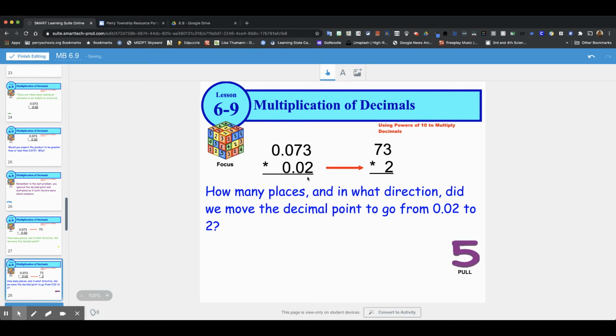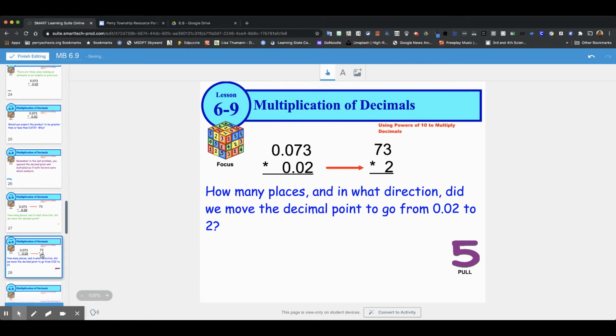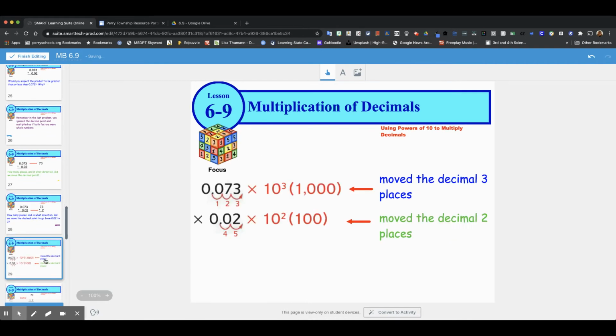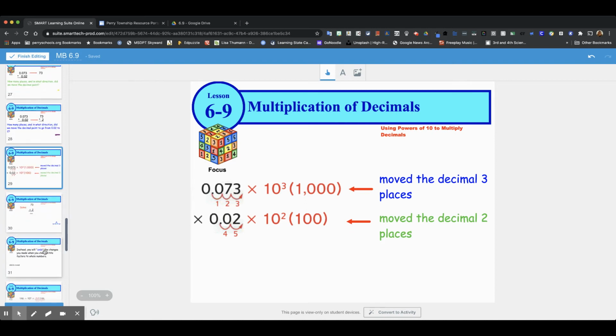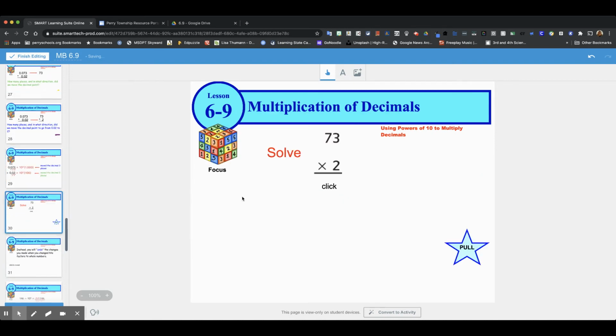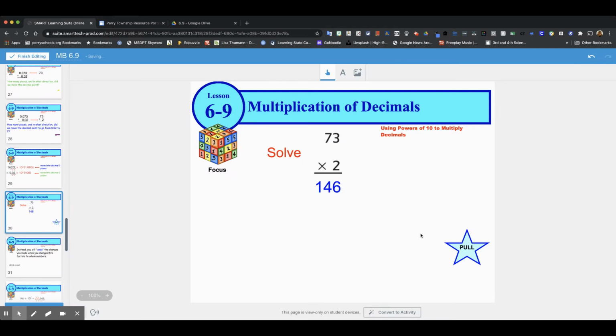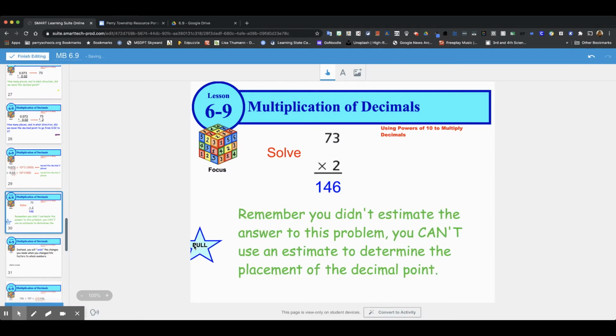Here, we moved it 1, 2. So you can see that right here. This is what we actually do when we're turning them into whole numbers. So 73 times 2 is 146.